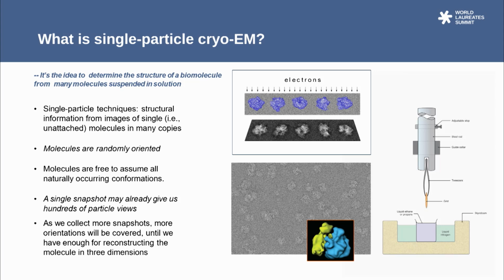It's a method that was introduced some years ago for looking at molecules, but molecules didn't need to be in crystalline formation, but they can exist as single particles. And the idea is that in order to get all directional information for a molecule, we don't have to tilt it.